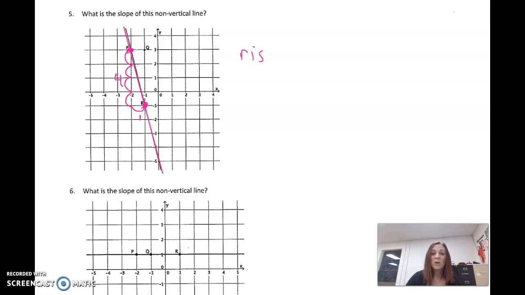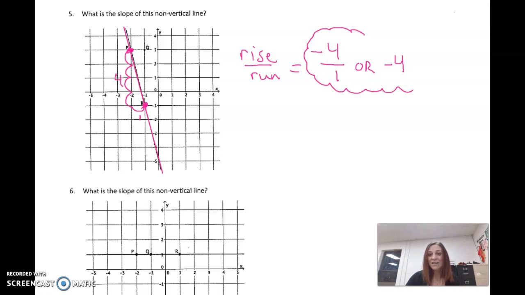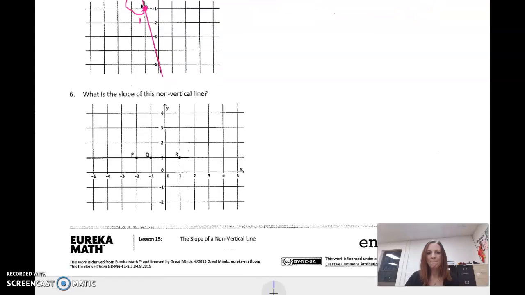So the ratio of my rise to my run, if I'm going down 4, that's negative 4 compared to 1, or just negative 4. Again, it's negative because it's left to right declining, but the slope is a negative 4 because it's a number that describes the steepness of a line. So negative 4 over 1 means it's dropping 4 for every 1 it goes over. Slope is not hard to figure out once you get it, okay?